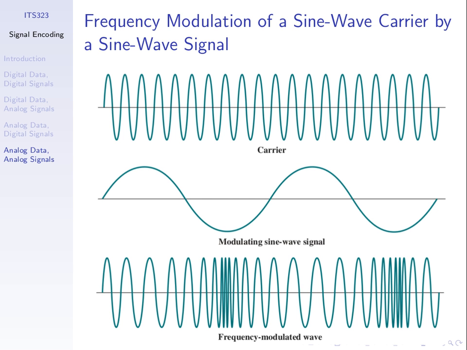With frequency modulation, we change the frequency of the carrier signal according to the input data. We've gone through some of them quite fast, but I think you should be able to distinguish between the different techniques and at least know where they are applied.